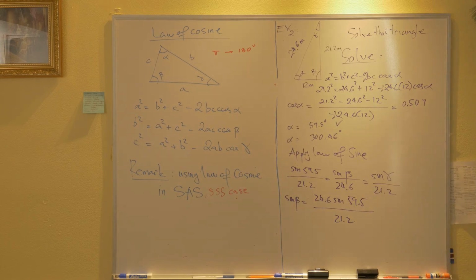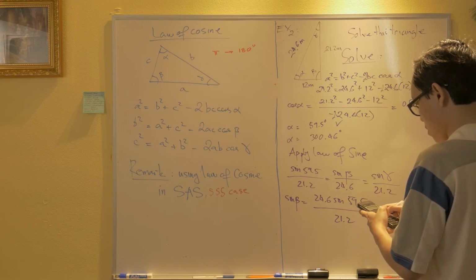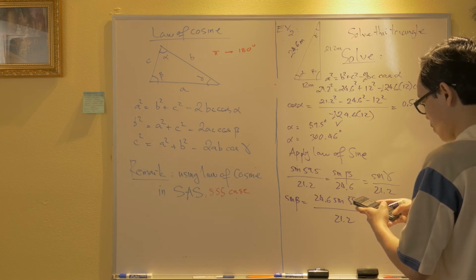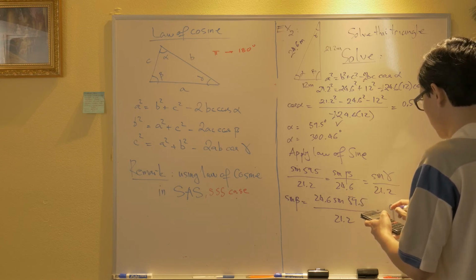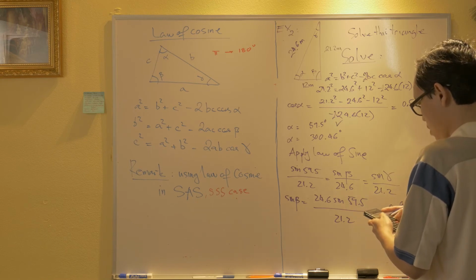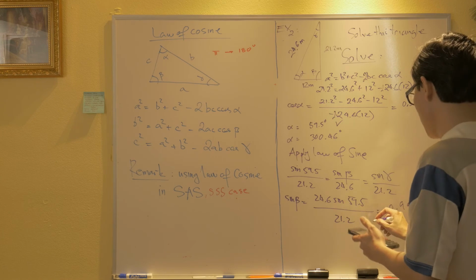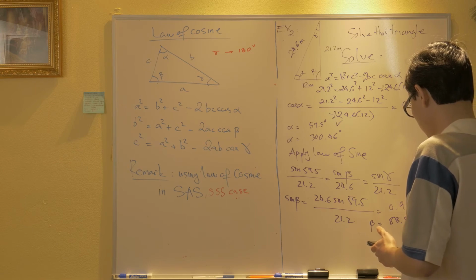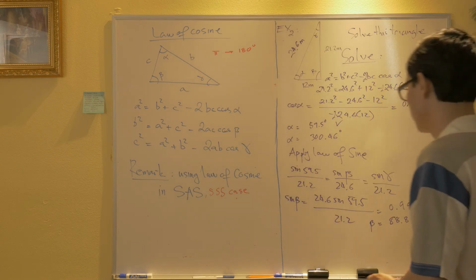Let me do it one more time. Sine 59.5 times 24.6 divided by 21.2. Sorry, 0.9998. Then you take inverse of sine, 88.89. So beta is 88.89. And now you can get gamma easily.